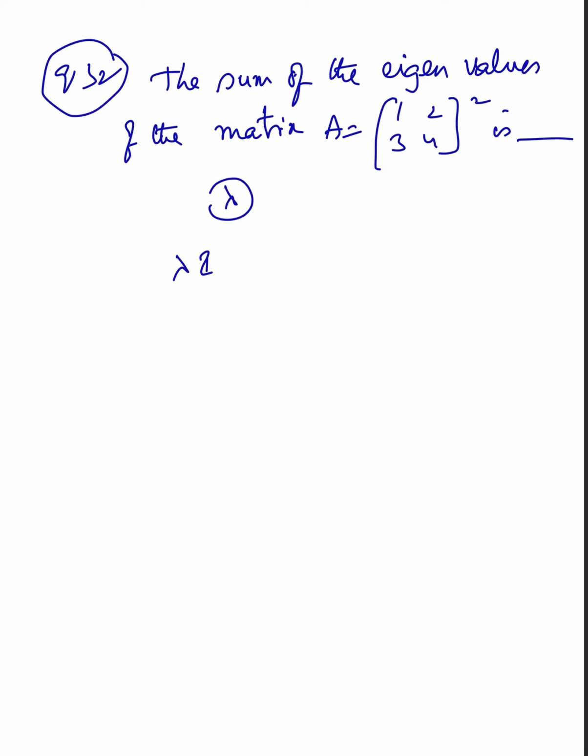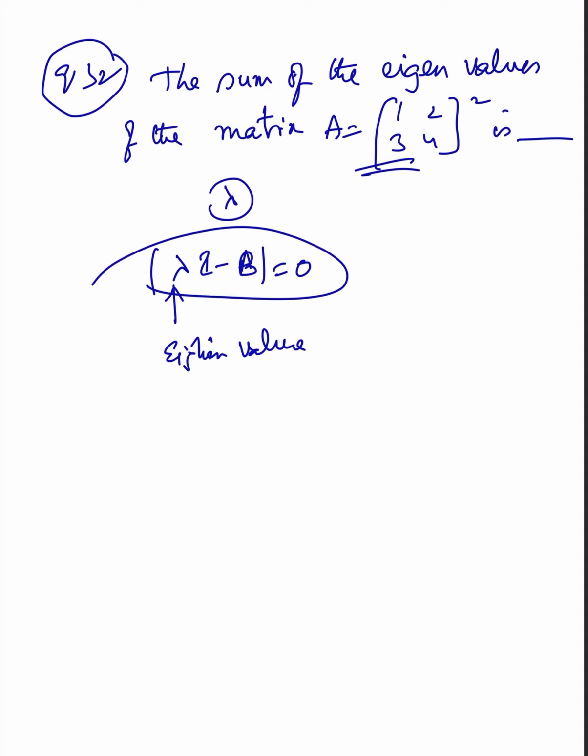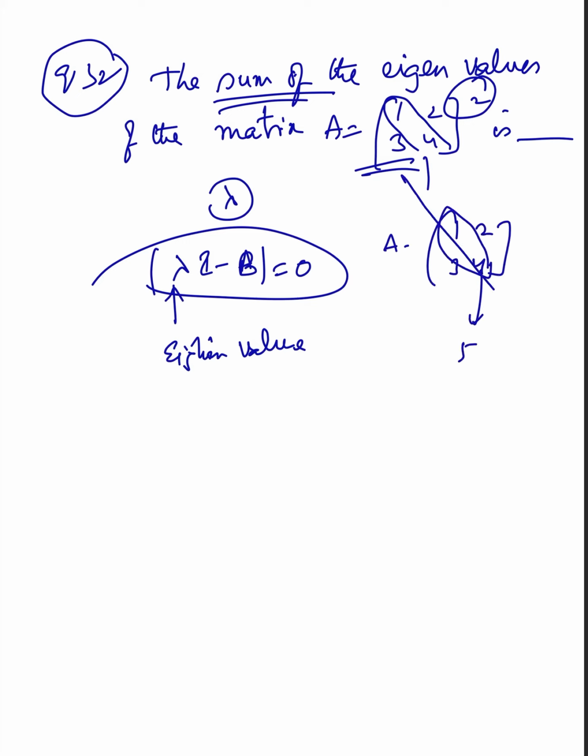Then determinant of lambda I minus A, where this is a square matrix, equals 0. Normally the sum of the eigenvalues is asked. Suppose A equals 1, 2, 3, 4; the sum of the eigenvalues is 5, the sum of the diagonal elements. But this is a square: A equals 1, 2, 3, 4 squared.